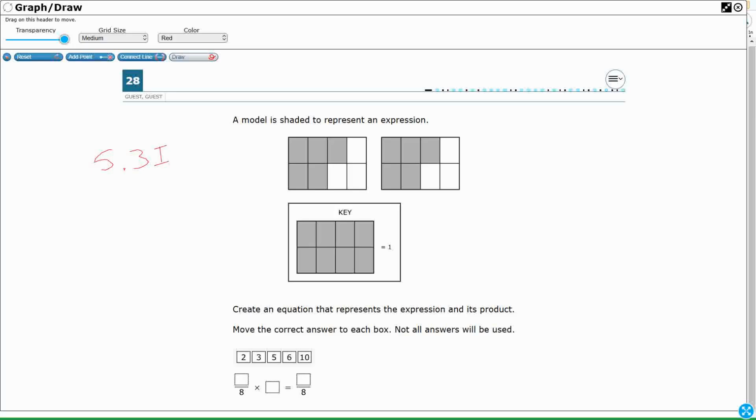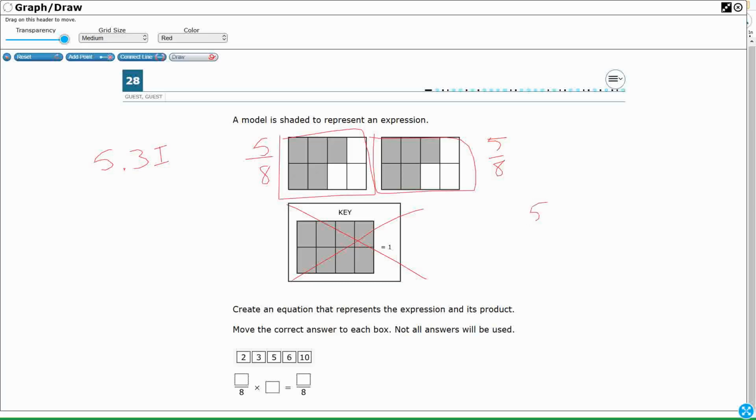So it looks like if this is my one whole, I've got two of the same thing, but they're not completely filled in. I got 1, 2, 3, 4, 5 out of 8, and I've got 5 out of 8. Now here's the thing, we have to ignore the key. Once we've used it, we need to ignore it and not include it in our operation.